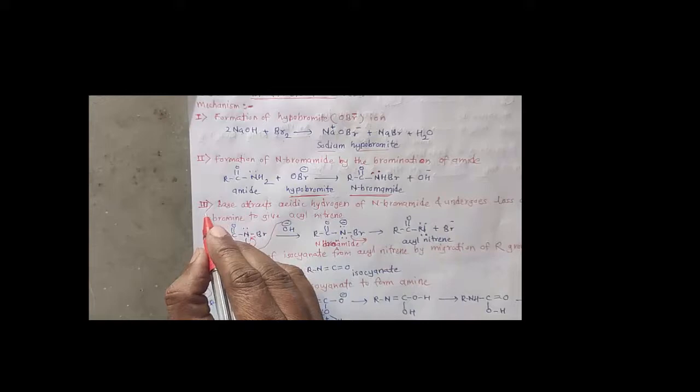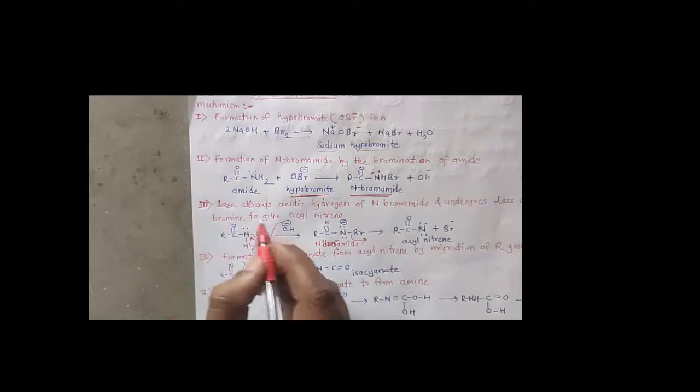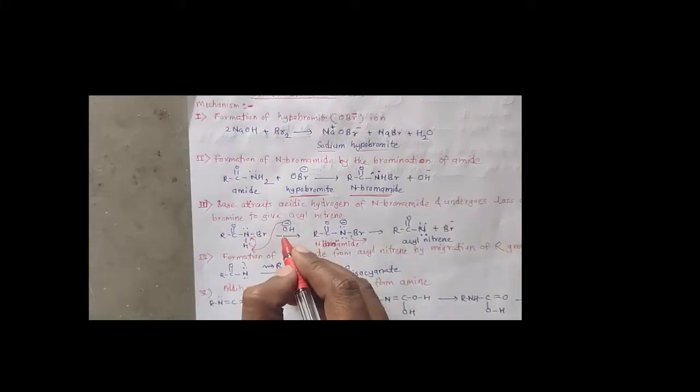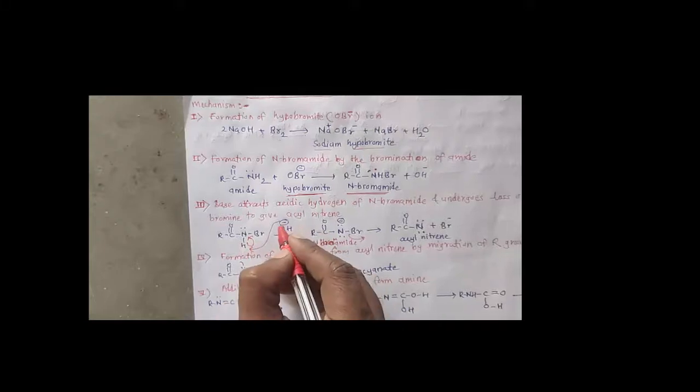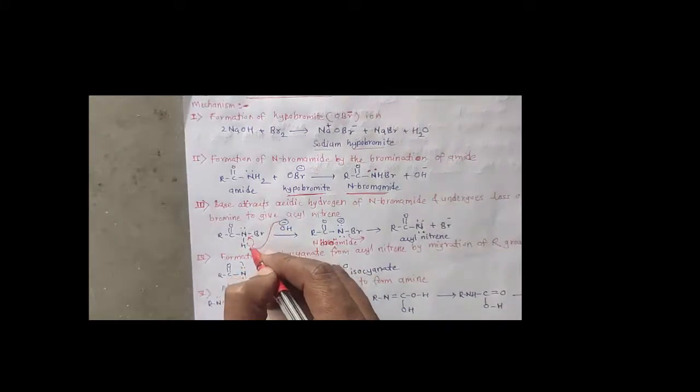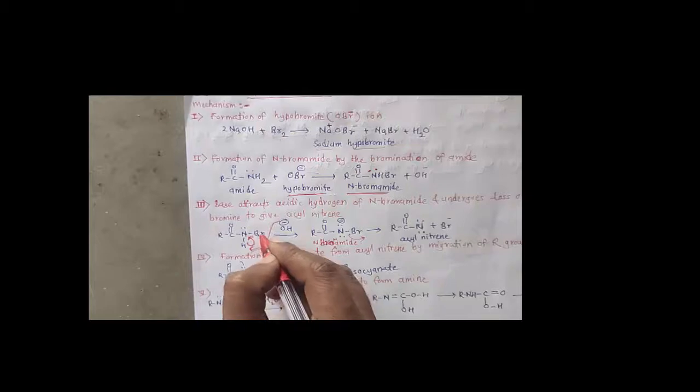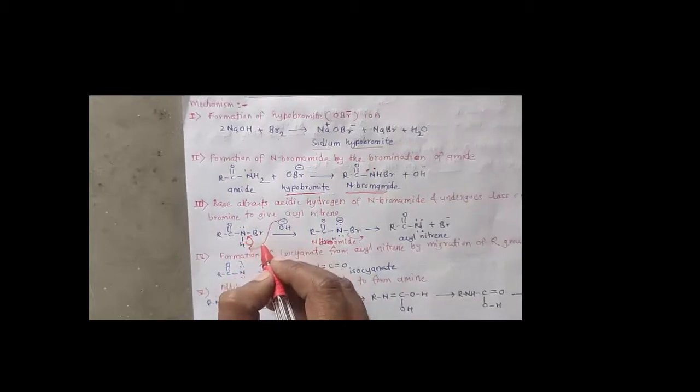In step three, the OH minus base attracts the most acidic proton of the N-bromoamide. The hydrogen is eliminated as a proton, leaving behind its pair of electrons.